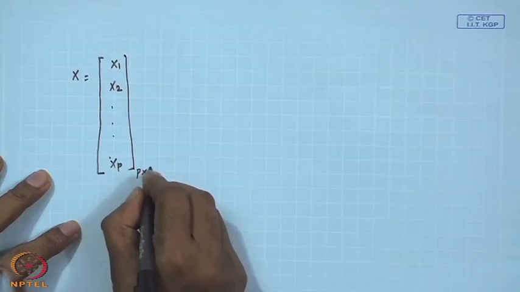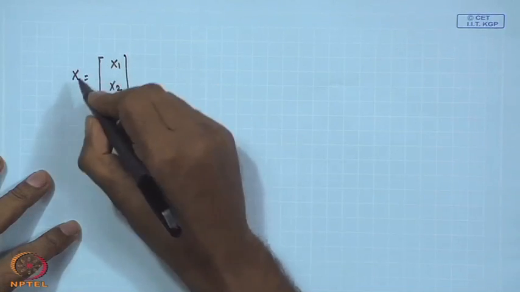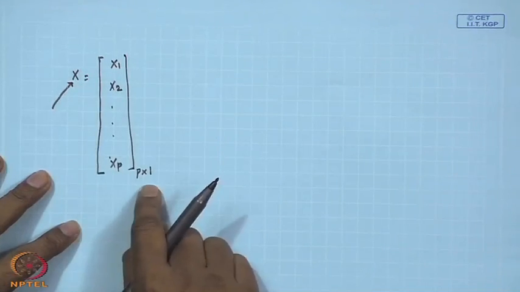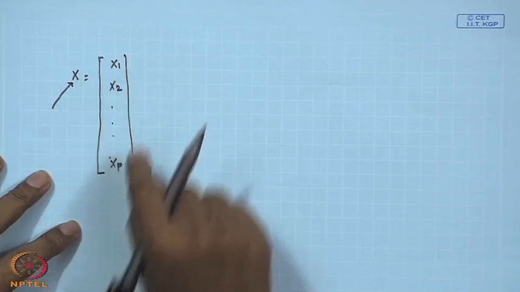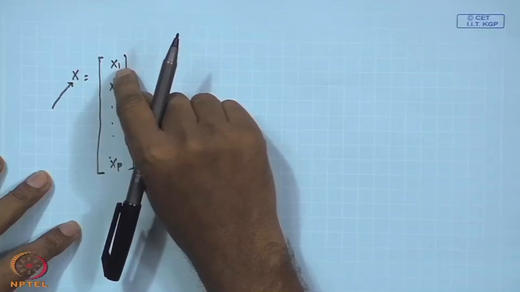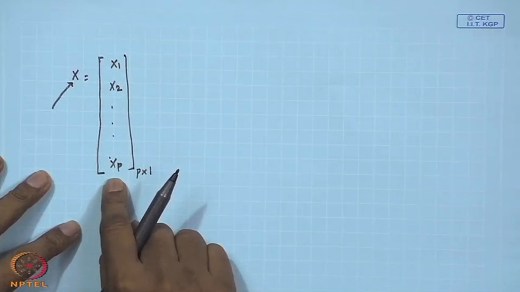So, it is a p cross 1 vector. What does it mean? We are saying we have created a vector x which is p cross 1 vector, where p stands for number of variables. So, there are variable 1 which is x 1, variable 2 is x 2, like variable p is x p.